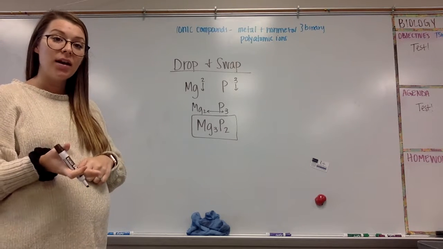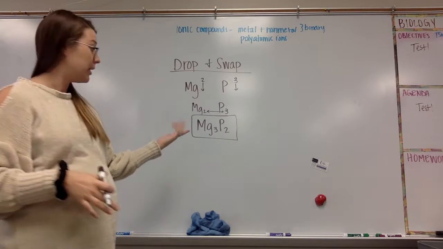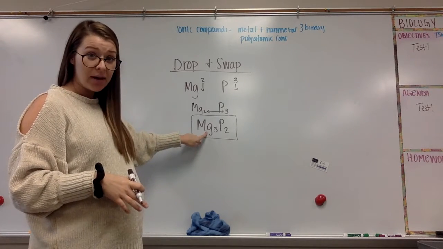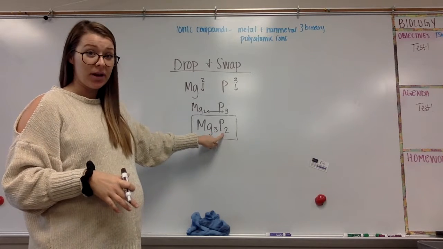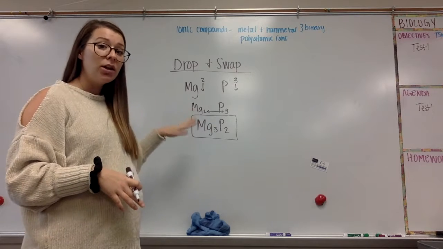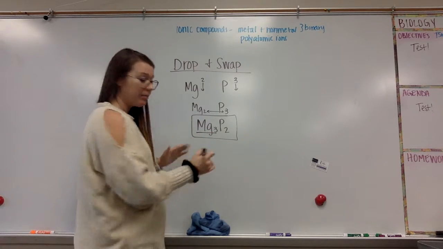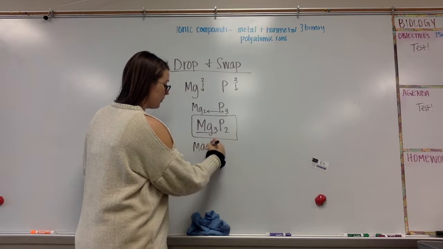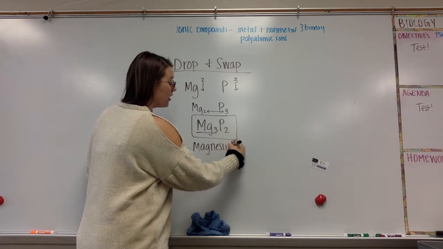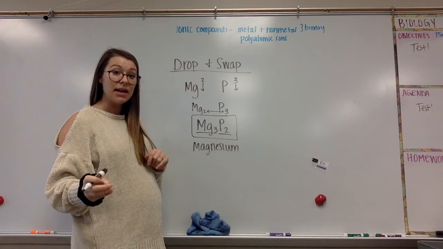And hopefully on the notes that you caught on, in a binary compound, meaning between a single atom on the periodic table and another atom on the periodic table, not involving polyatomic ions, when you name this, the metal keeps its name the same, magnesium, and then the non-metal is the one that gets -ide to the end of its name.